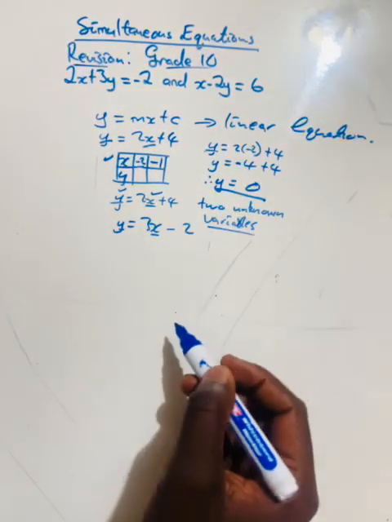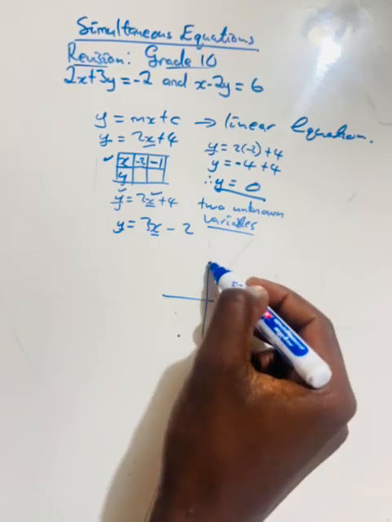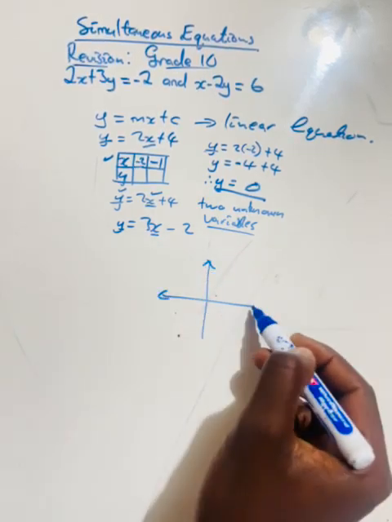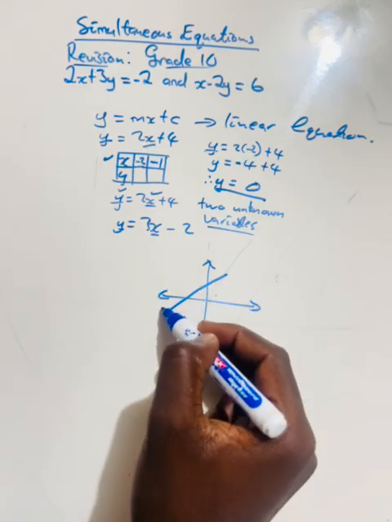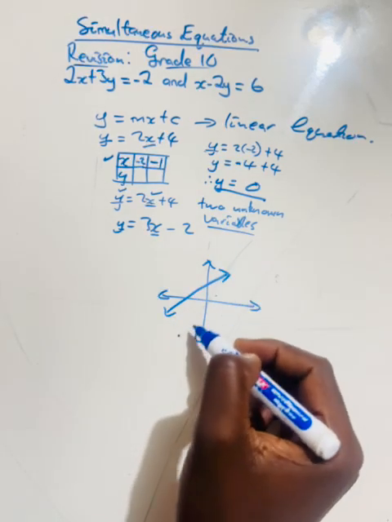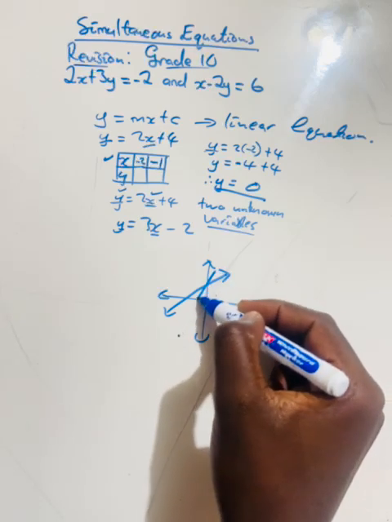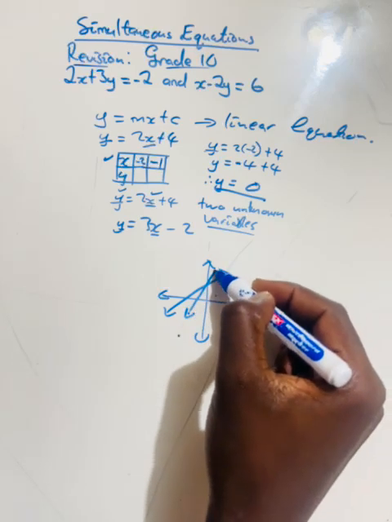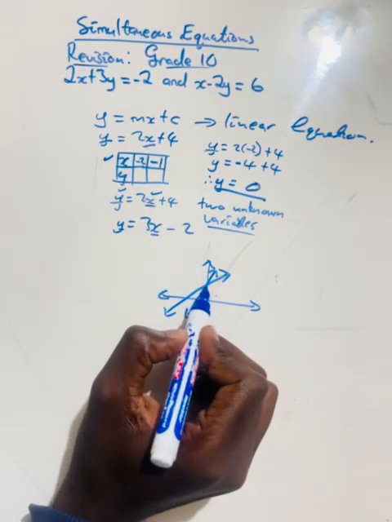So what we're simply saying is that these graphs, if we go to a Cartesian plane, maybe let me do this, and let me do that. These two graphs, they meet at a point.